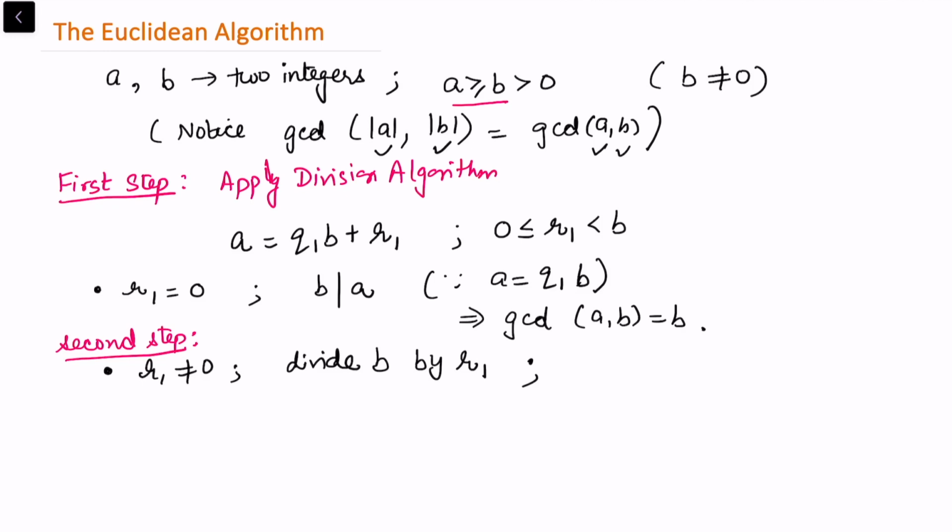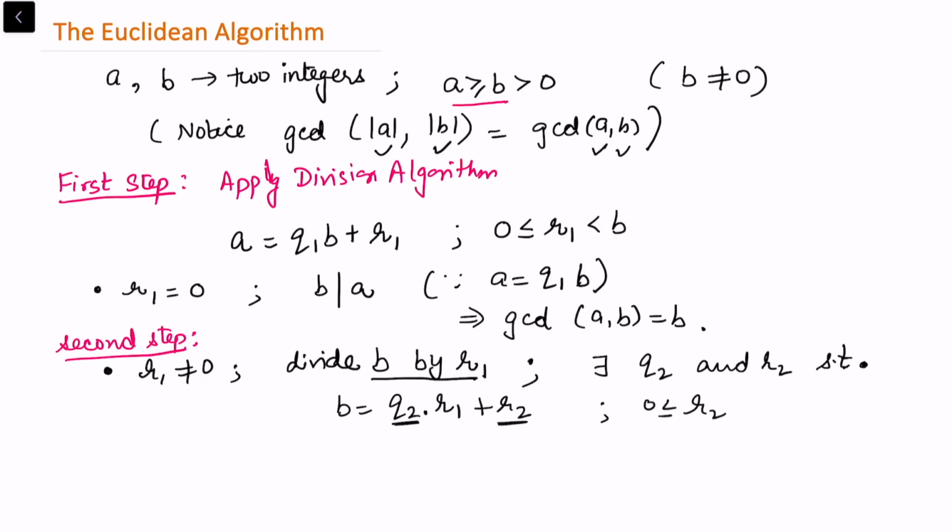There exist a quotient q2 and a remainder r2 such that b is equal to q2 times r1, because we are dividing b by r1, so this is the quotient, plus another remainder r2. The condition on r2 is that it lies between 0, equality included, and the divisor in this case, so it is strictly less than r1.